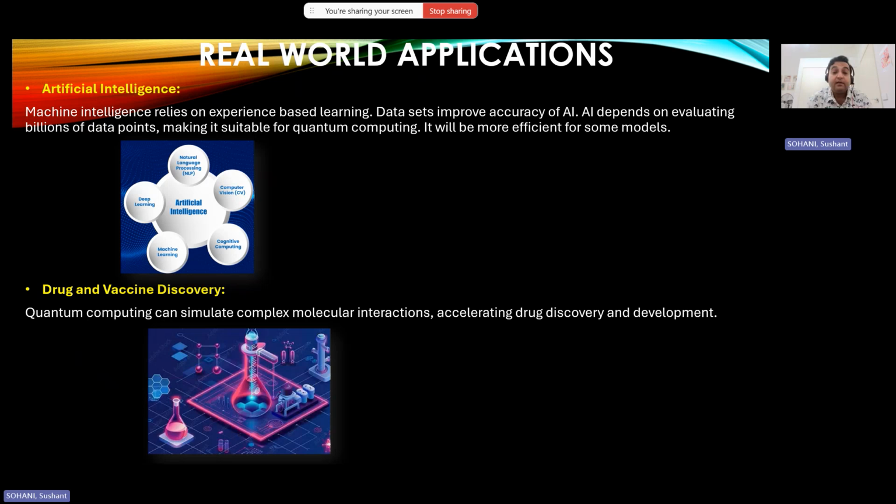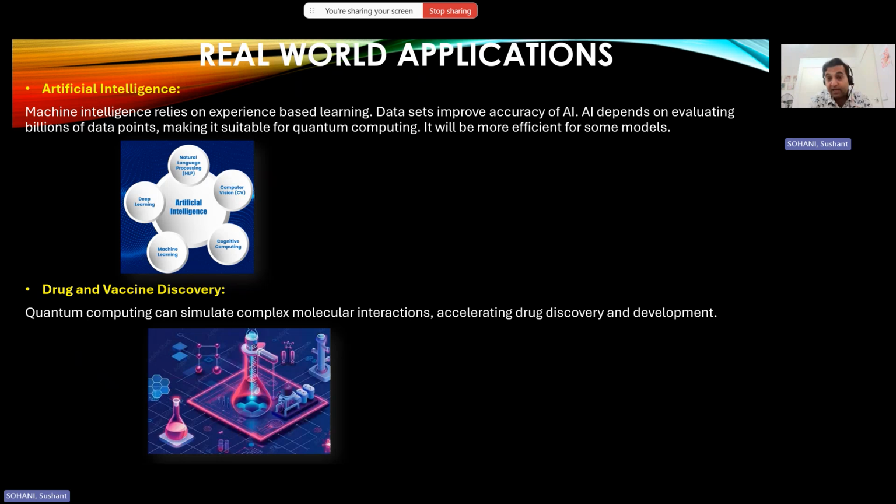Second real world example, drug and vaccine discovery. Quantum computing can simulate complex molecular interactions, accelerating drug discovery and development. So guys, when COVID happened, you might have seen across all countries, starting from Pfizer in the US, or the vaccine provided by China, or Covishield, or the other vaccines provided by India, Russia, everywhere in the UK or Europe, all vaccines were ready in just a span of 6 months to 1 year.